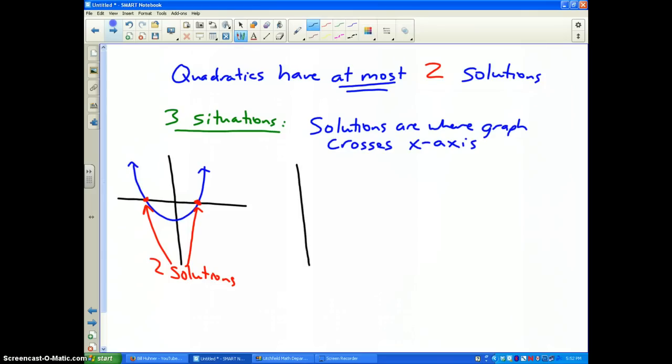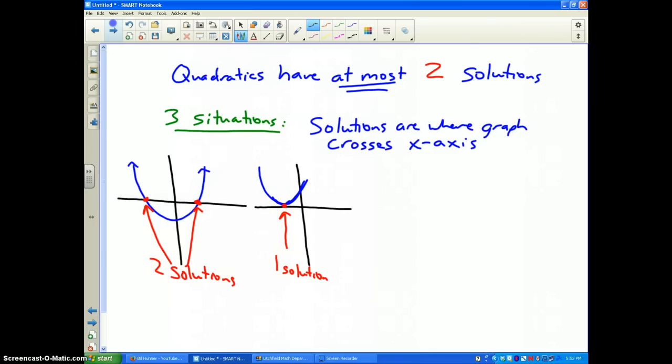There's also the case where the vertex of the parabola touches the x-axis. If it just barely touches the x-axis, there is 1 solution.